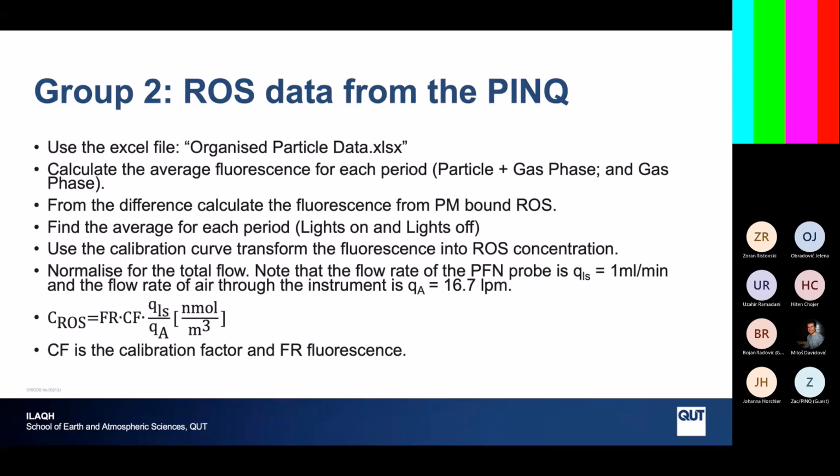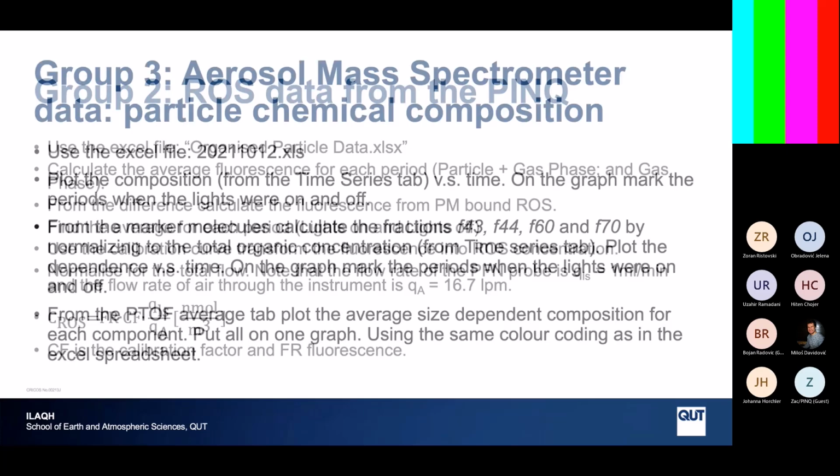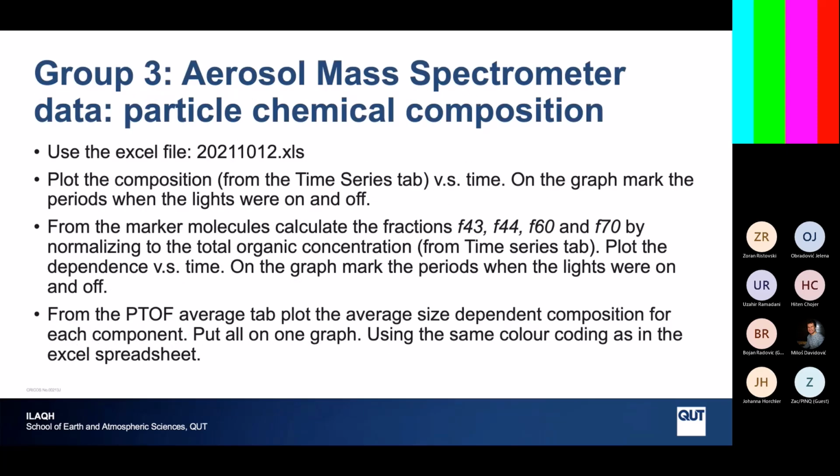The other group will analyze the RS data, so calculate the concentration of RS at lights on, lights off periods. And the third group will analyze the aerosol mass spectrometer data and calculate the concentration of organics and other elements.